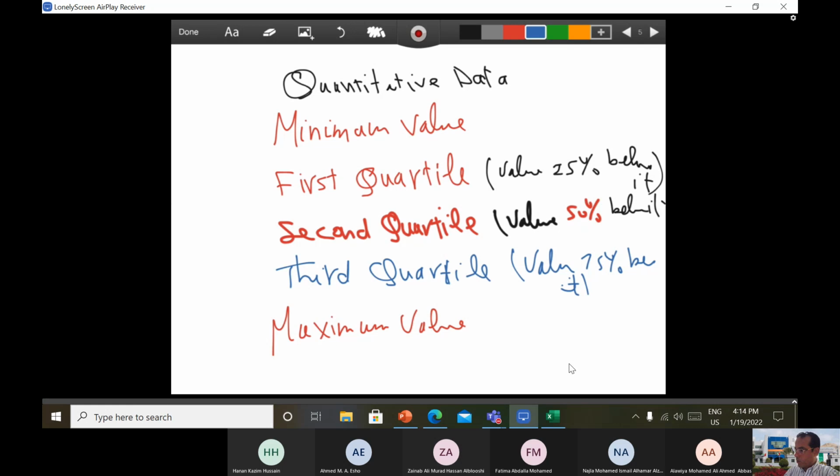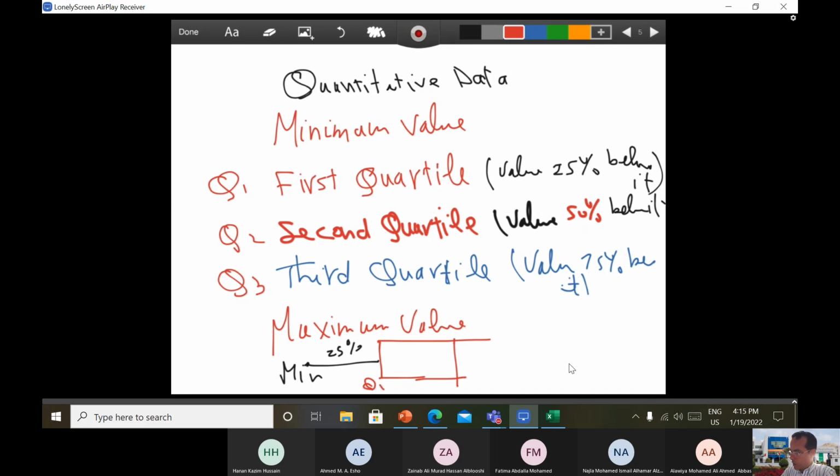So you have a minimum here, and you go to 25% and start having the box. This value is Q1, this is Q2, this is Q3.